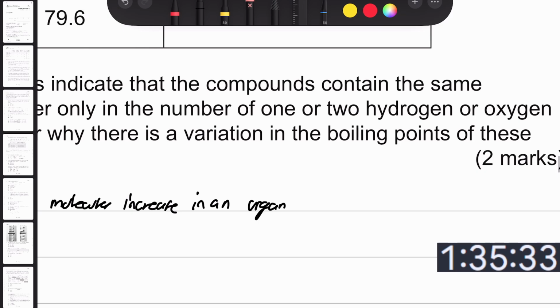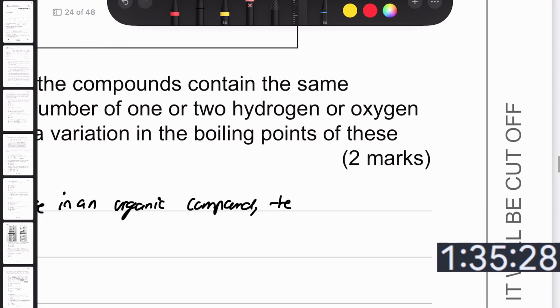The respective boiling point of that compound will also increase.